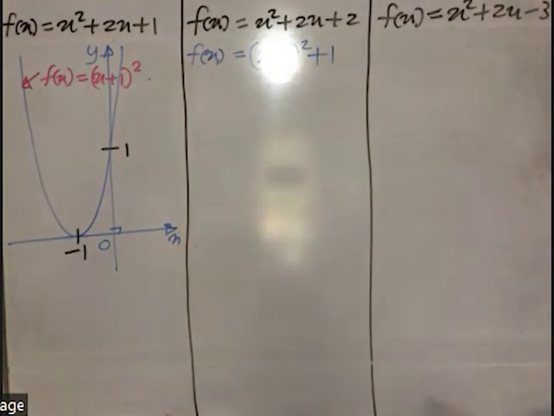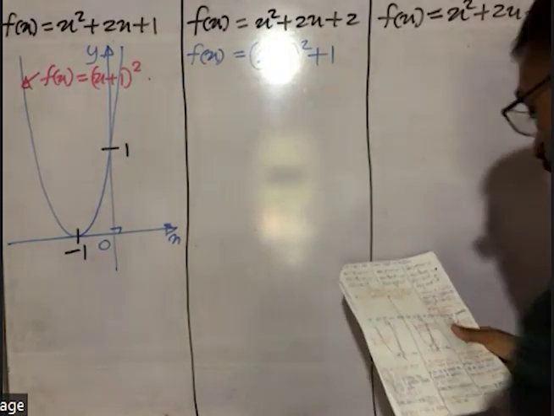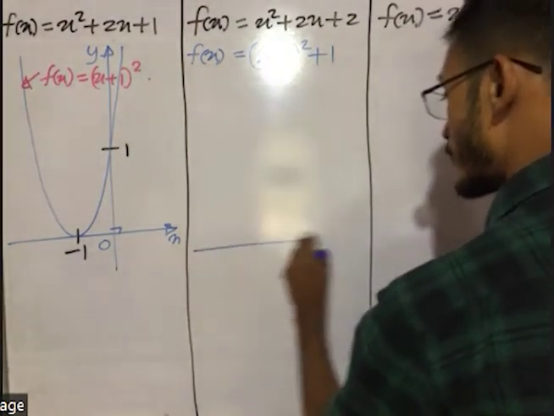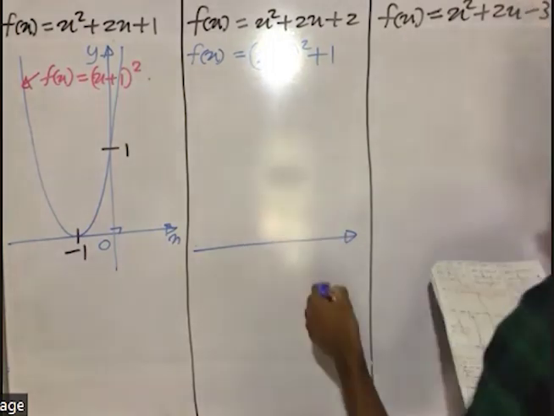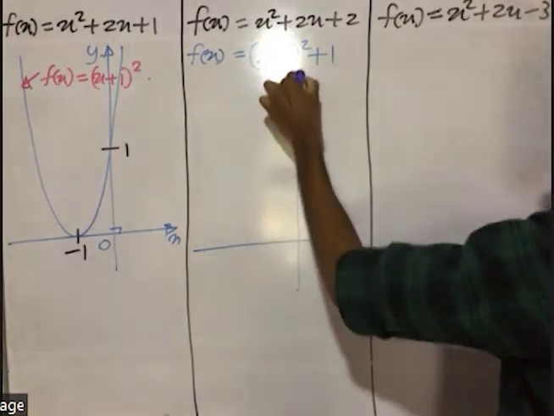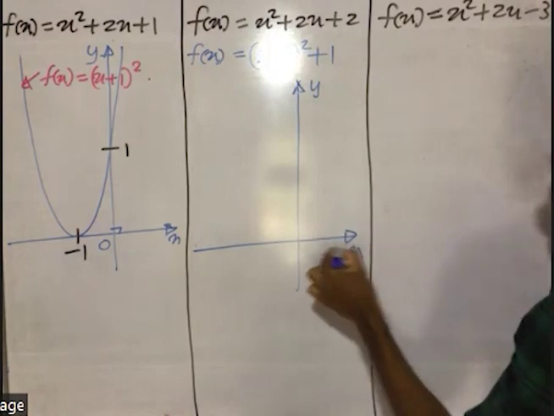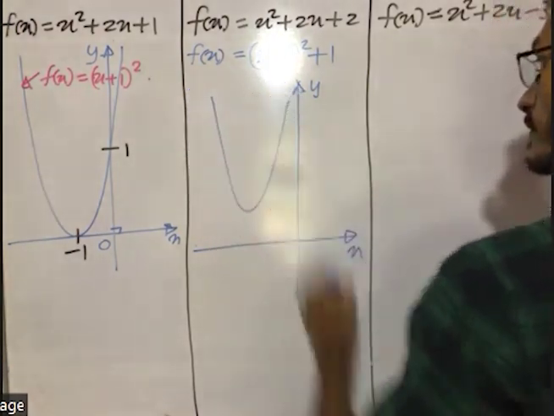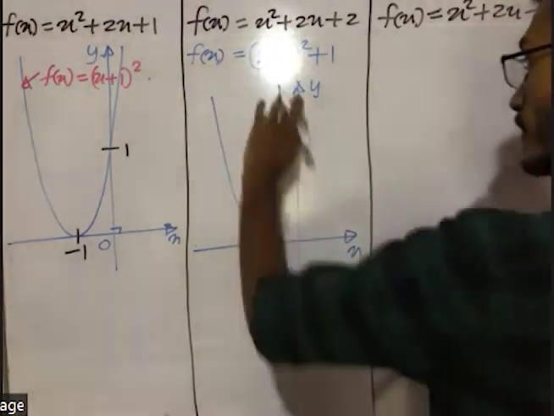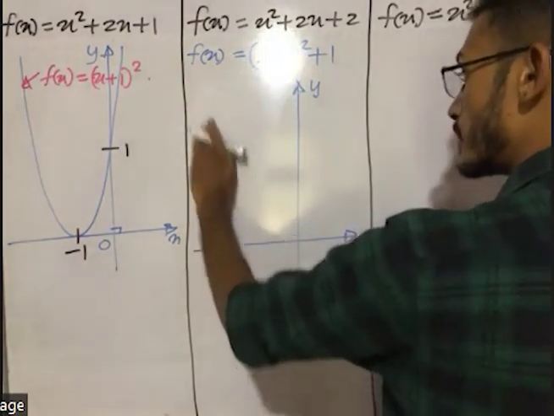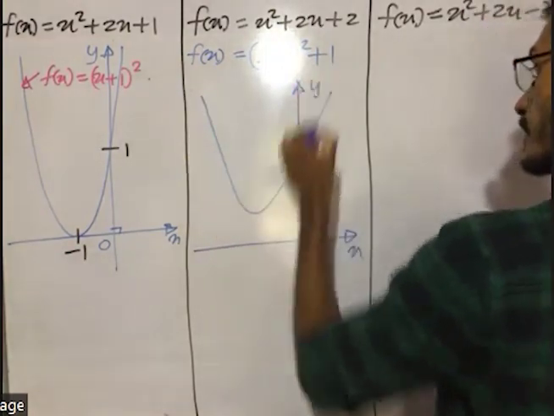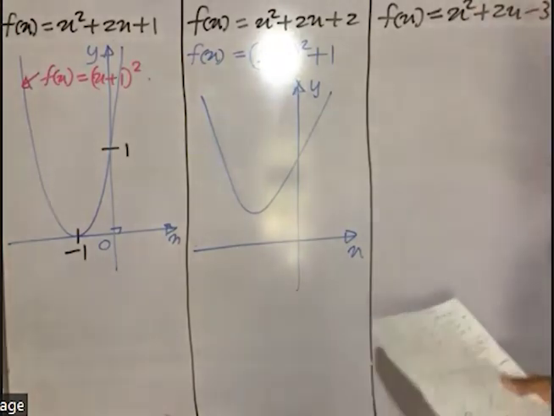This is the simplified function that we have got. Now, if you draw this graph, this is the graph we will get. This is a parabolic function.